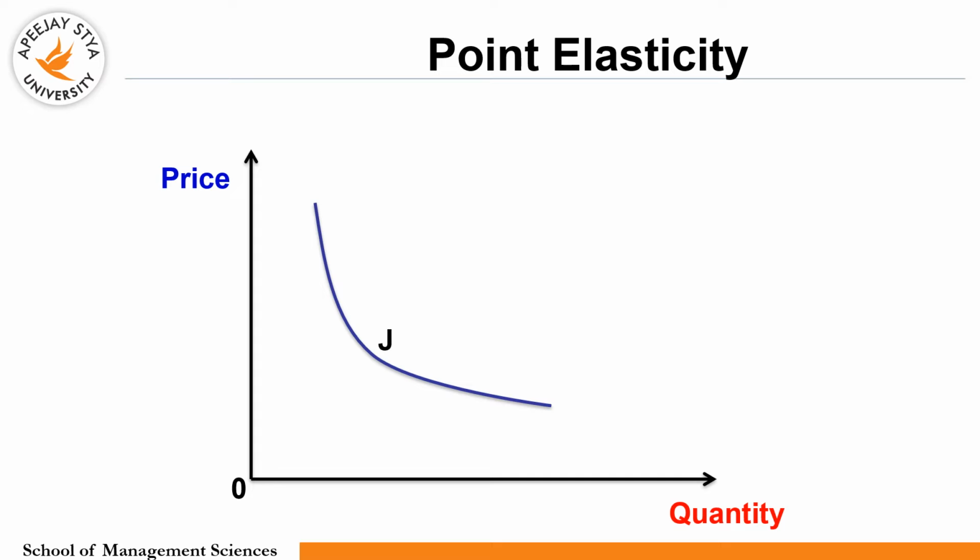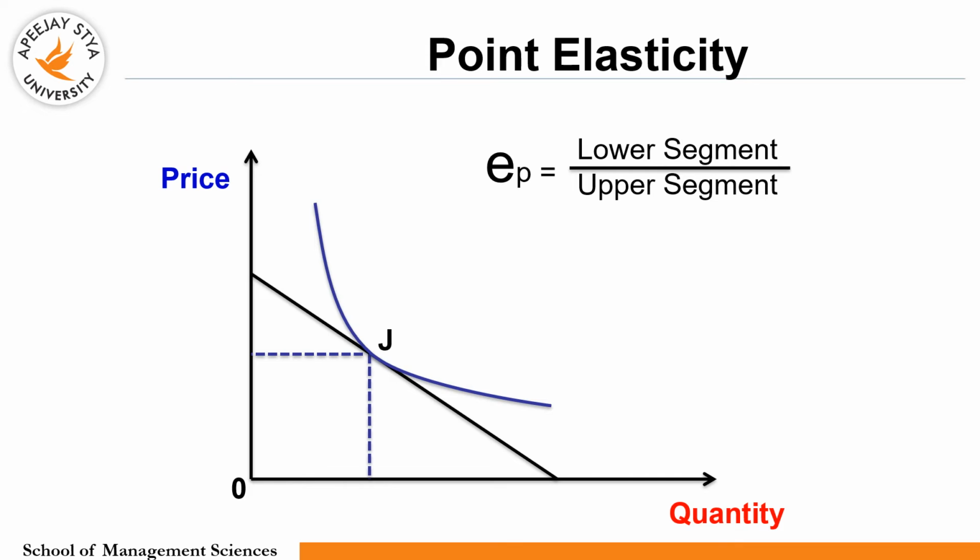If it is a non-linear demand curve like this, you can draw a line which is tangent to this demand curve, and again we will use the same formula, lower segment divided by upper segment. So here we will use the black line, see the lower segment of this line, and then divide it by the upper segment of this line.